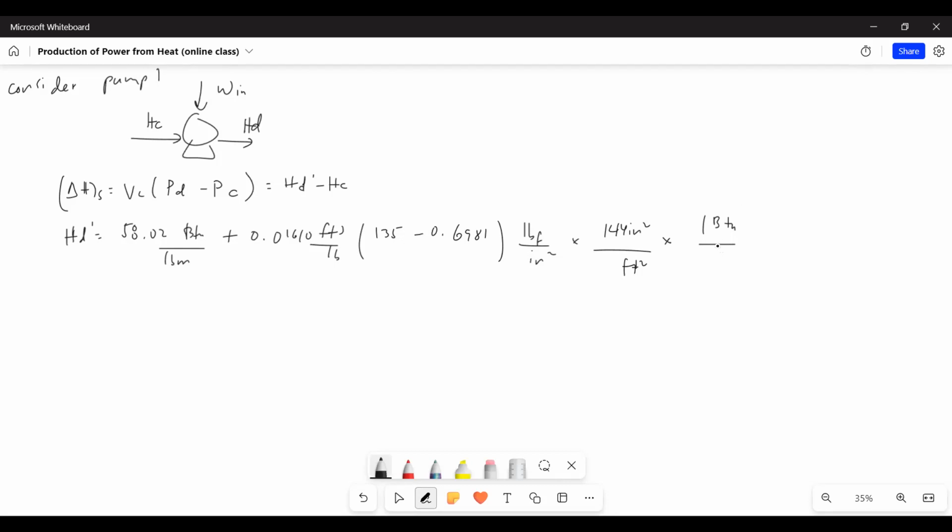BTU, 778 feet per pound force. Let's see. Magka-cancel to. Ano pa magka-cancel? Ito, feet, feet cube. Yan, magka-cancel yan. So, dapat magiging BTU per pound mass to. Magka-cancel ba to? Pound for PSI.